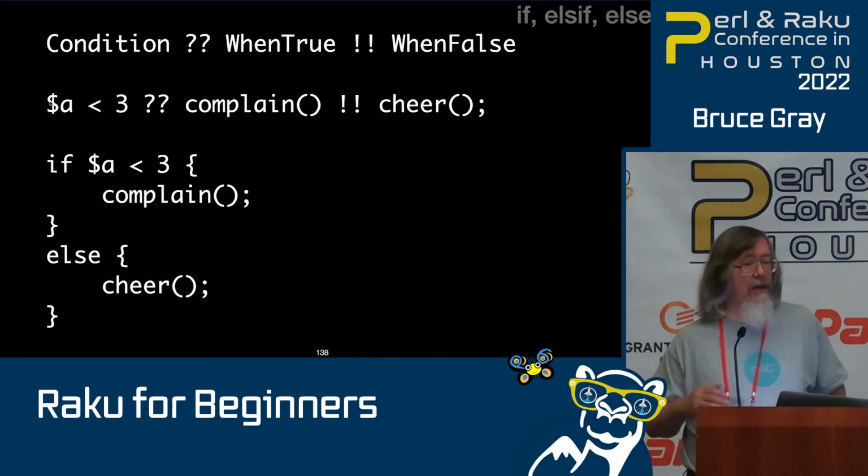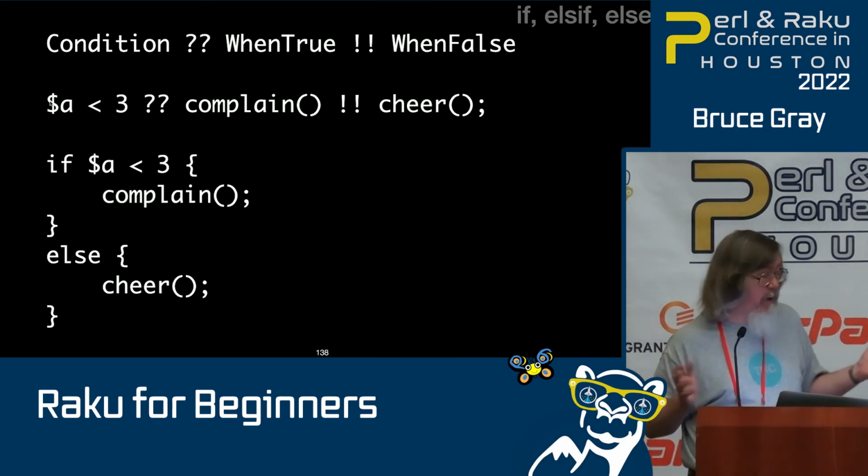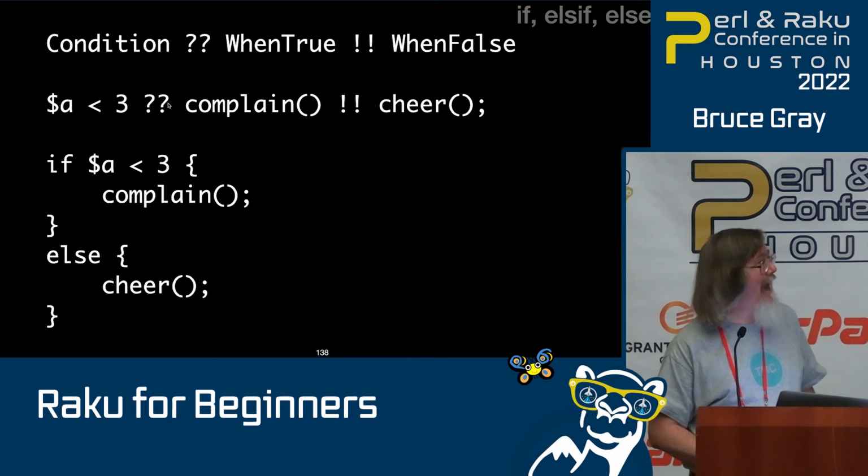Don't use it just in place of an if, like everywhere, because it's tight, because it fits on one line, because that is confusing to people. Here's a condition, fine, and here's an action if it's less than 3. Otherwise, here's a different action. That's not a good use of this. Use a full if block for that, if and else.